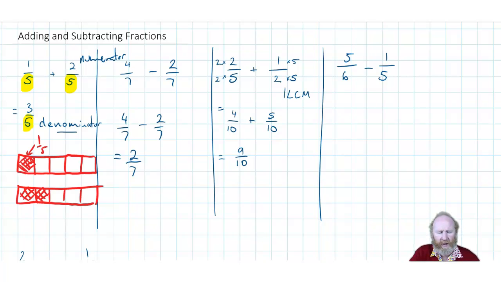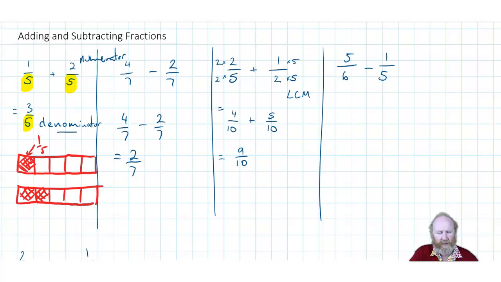It is all about identifying the lowest common multiple. You might have noticed in this case that I ended up multiplying by the number at the bottom of the other fraction. It would be a mistake to think that that's always going to be the right way.